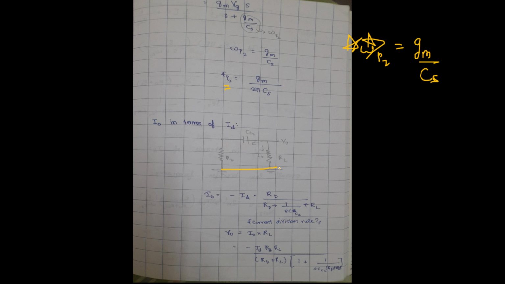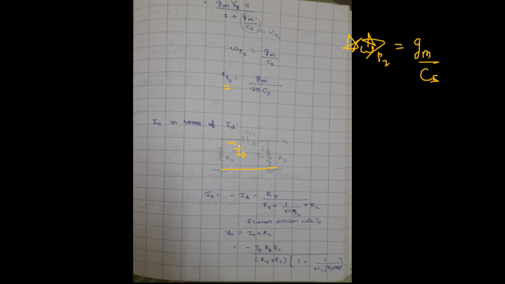Here I know the current flowing through the resistor RL. See, here we have ID and here we have IO. The current flowing through this can be given through the current division rule as RD divided by RD plus SCC2 plus RL.